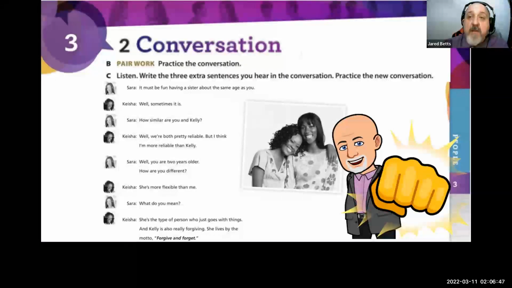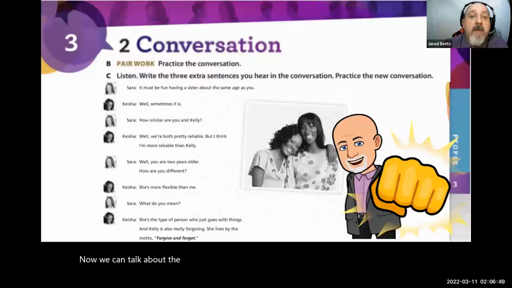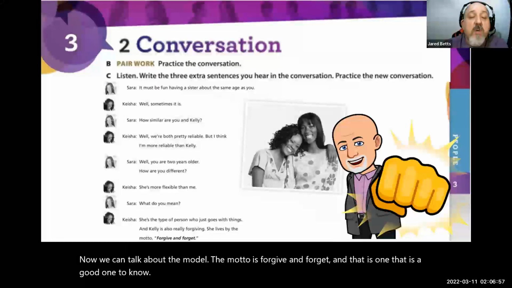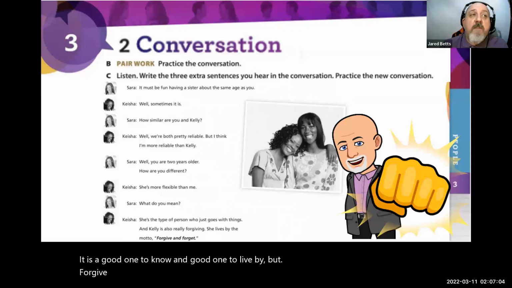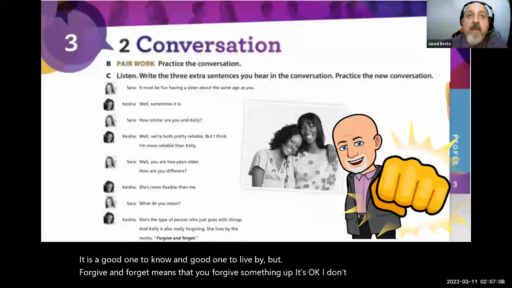Now, we can talk about the motto. Now, the motto is forgive and forget. And that is one that is a good one to know. It is a good one to know and a good one to live by. But forgive and forget means that you forgive something. Oh, it's okay. I don't remember it. I forget it forever.